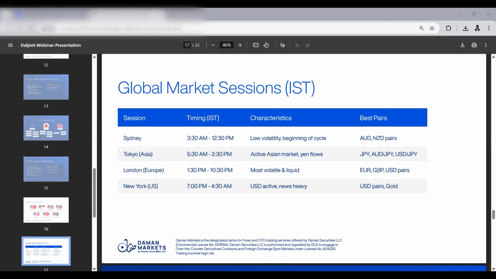So what makes these sessions different? If we talk about the Sydney session, there is low volatility because it's the beginning of the cycle. It's the first global session that starts, so there is limited volume. The best pairs to trade in this market are AUD and NZD pairs, because of the Sydney zone. Apart from that, the second session is the Tokyo or Asia session, which starts at 5:30 a.m. and runs till 2:30 p.m. It's the active Asian market.